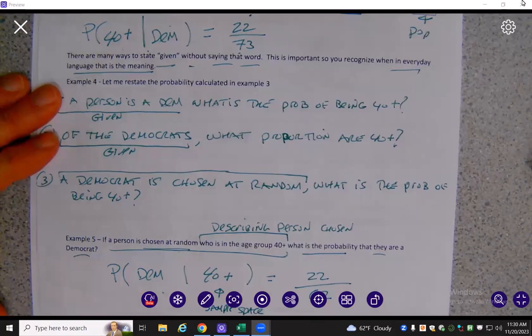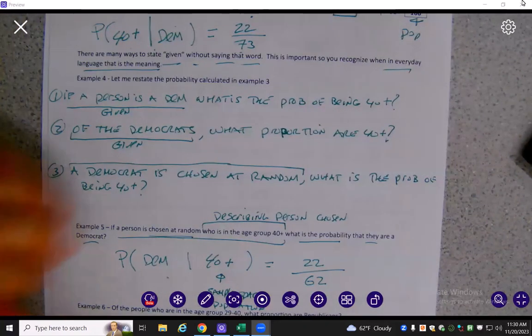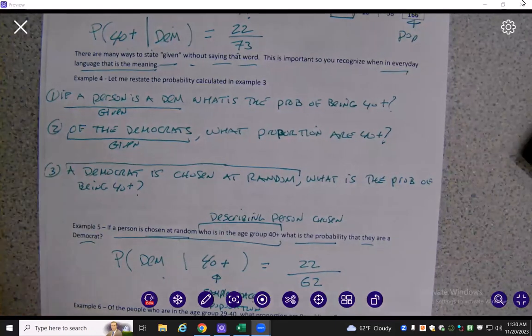And you'll notice again, let me ask you this, has the numerator changed in these two questions? And the answer is no. Both questions have the 22 in it.